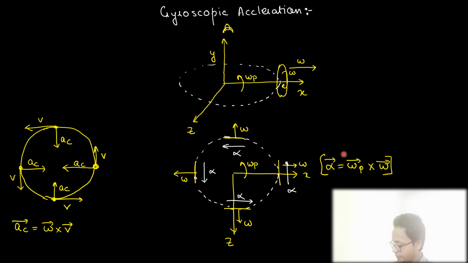That much is understood. But how do I derive this? We derive this using the same principle, where acceleration is equal to the rate of change of angular velocity, similar to the derivation of centripetal acceleration. For centripetal acceleration, we use dv by dt. Out here for angular acceleration, we'll use d omega by dt.